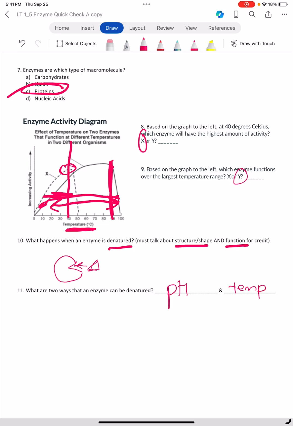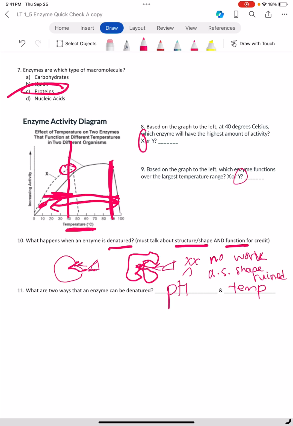That ruins the shape of the active site. So instead of having this nice active site that would fit the substrate, it's like this, right? And it's no longer going to fit that substrate. So it doesn't work, and the active site shape is ruined.